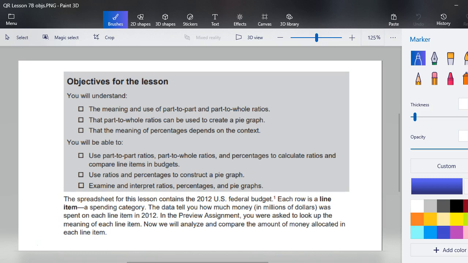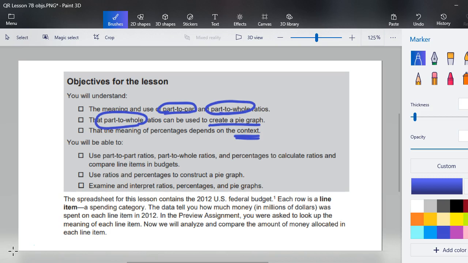So starting here with the objectives, what we're going to do in this lesson is eventually understand the meaning and use of part to part and part to whole ratios. Part to whole ratios can be used to create a pie graph. Also, the meaning of percentages is going to depend on context.